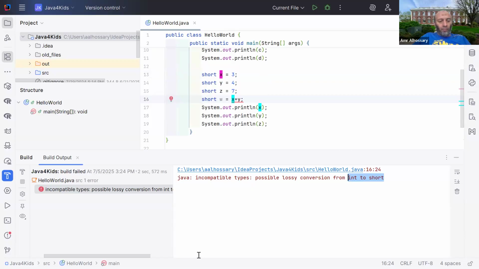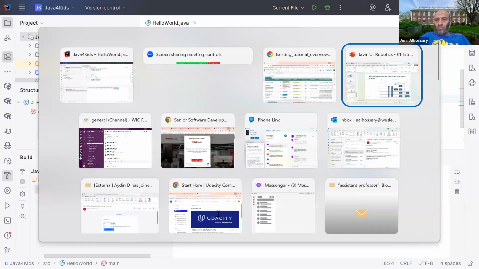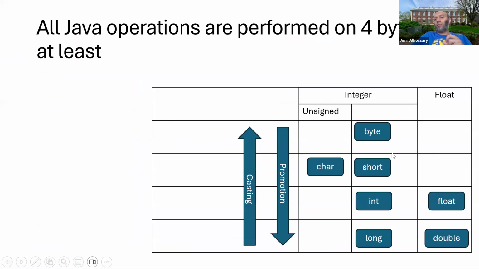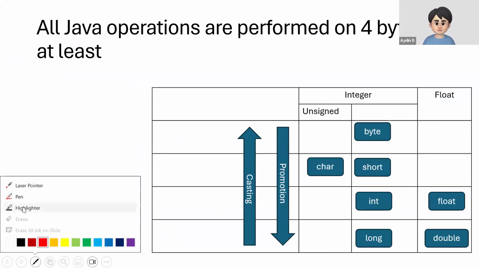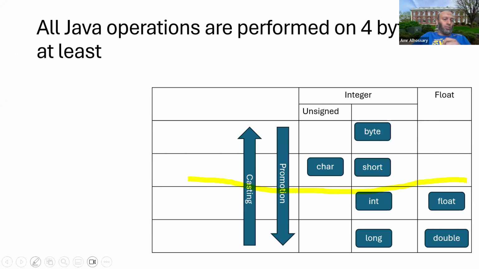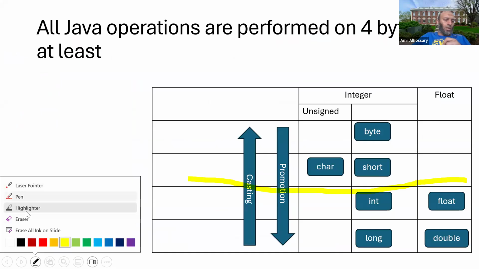The int came from here. Right, because Java starts any operation on at least 4 bytes. So even if you have a short, when it is alone, it is short.